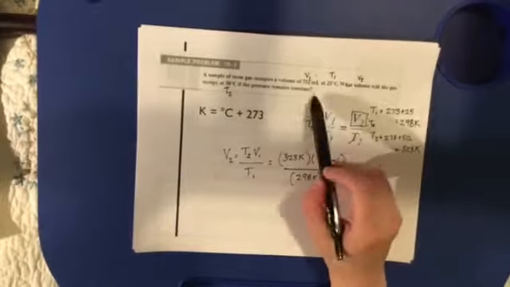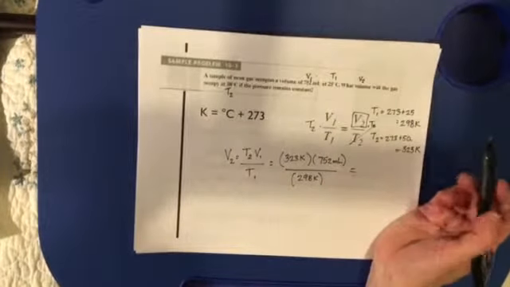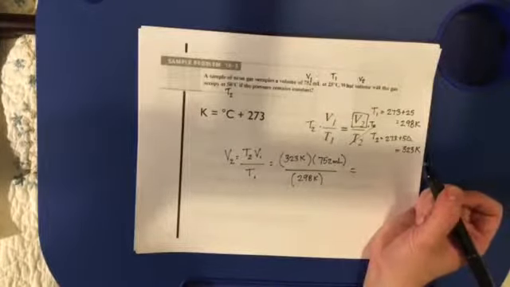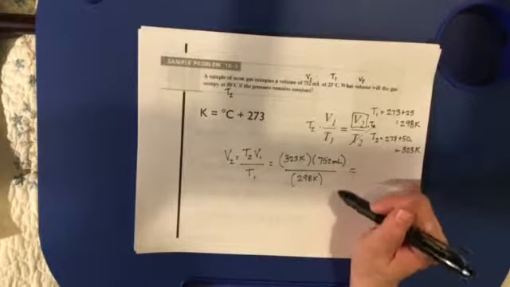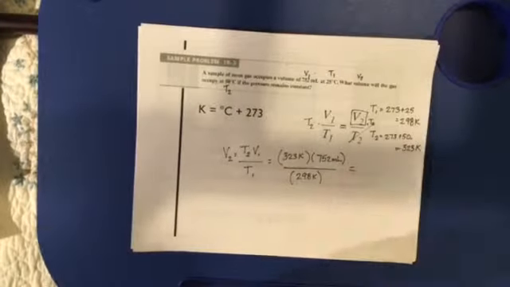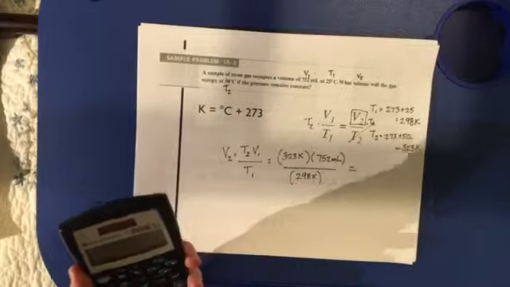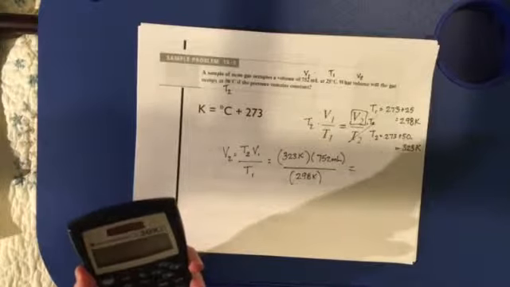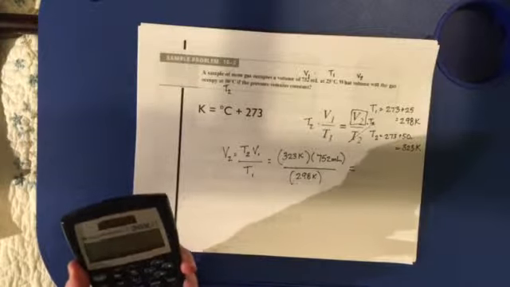And so here what we're doing is increasing the temperature, and so we are going to expect the volume to also increase. So we want it to get bigger. So 323 times 752.